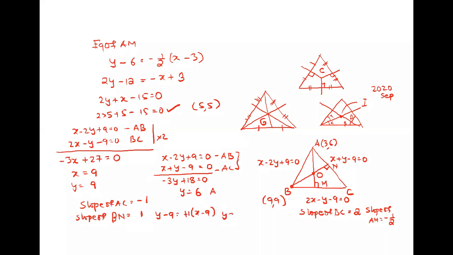So we get y is equal to x. So BN is y equal to x. If you substitute y is equal to x into the BM equation you already calculated, 2y plus x minus 15, we get (5, 5). Done.